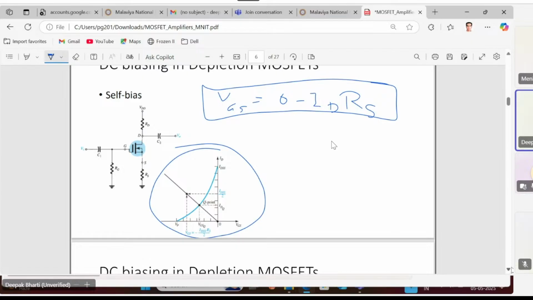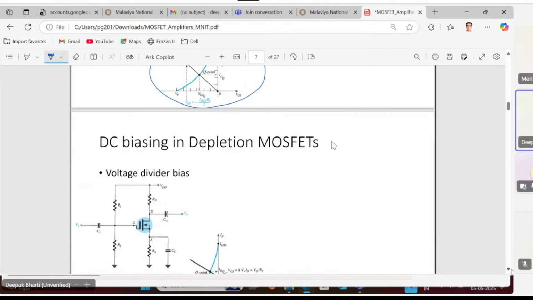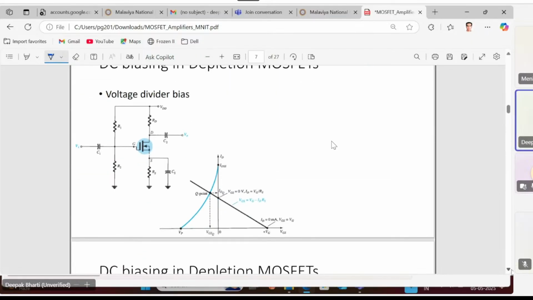So let's move to the next arrangement, the voltage divider bias. You can see the arrangement again is quite simple, not that complicated. Again, our first task will be to write down the equation of the load line, that is, what VGS is here.